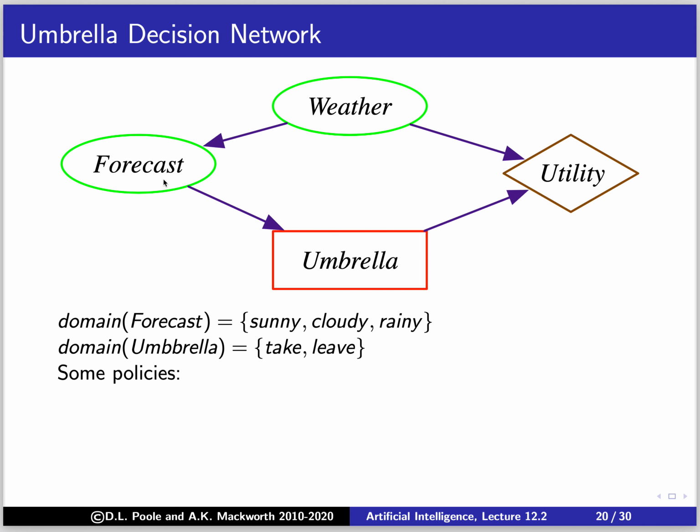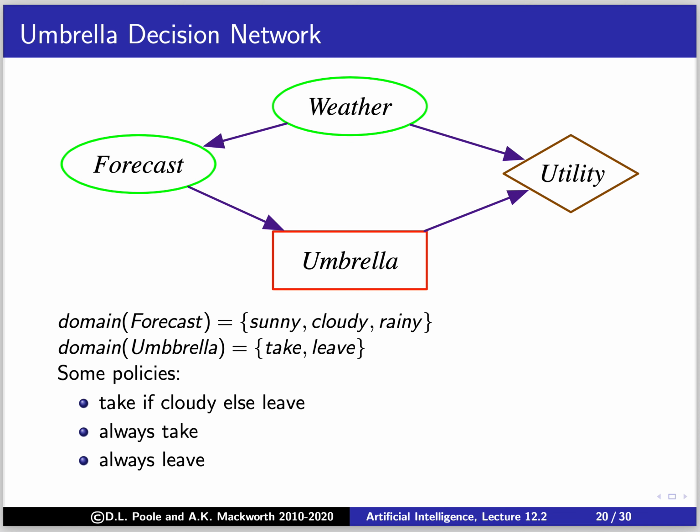So that's a function from forecast into umbrella. Some policies: take the umbrella if it's cloudy, otherwise leave it. Another one: if it's sunny, leave it; if it's cloudy, take it; if it's rainy, leave it. Another policy is always take it. Another is always leave it.